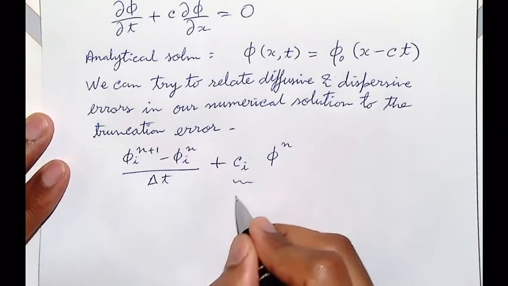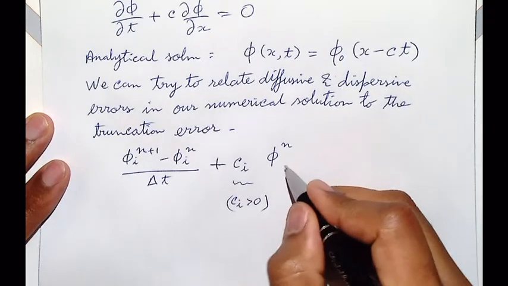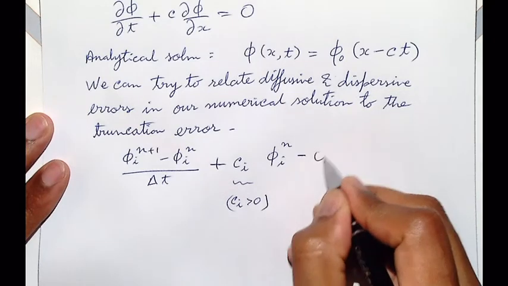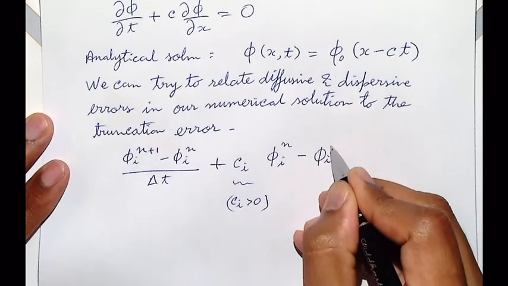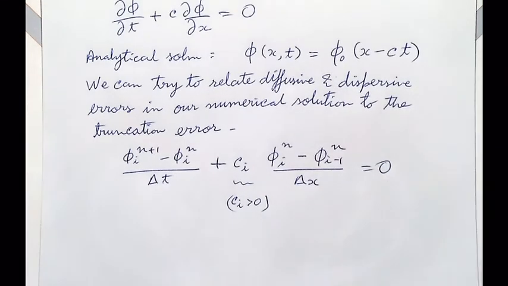So let's assume c is greater than 0. This is a first order discretization. This is exactly what I coded in the first order result that I was showing you.